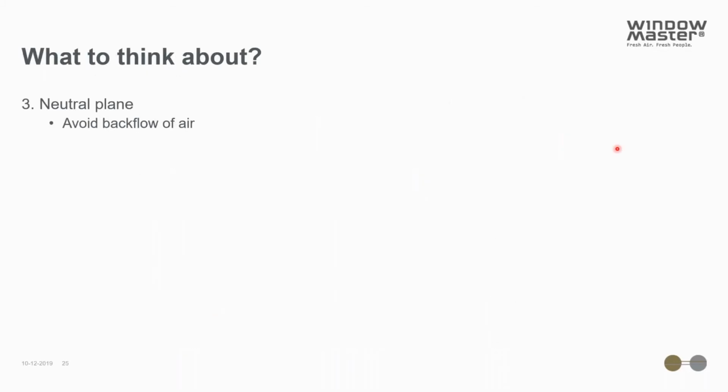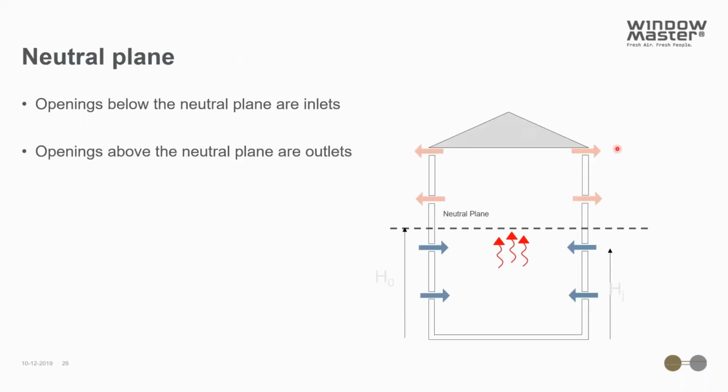The last thing I want to mention in terms of the building design is a bit more technical, but very important. It's what's called the neutral plane of the building. And the neutral plane is really what defines which openings vertically in the building will be inlets and which ones will be outlets. So in a thermal stack effect, the neutral plane defines this.